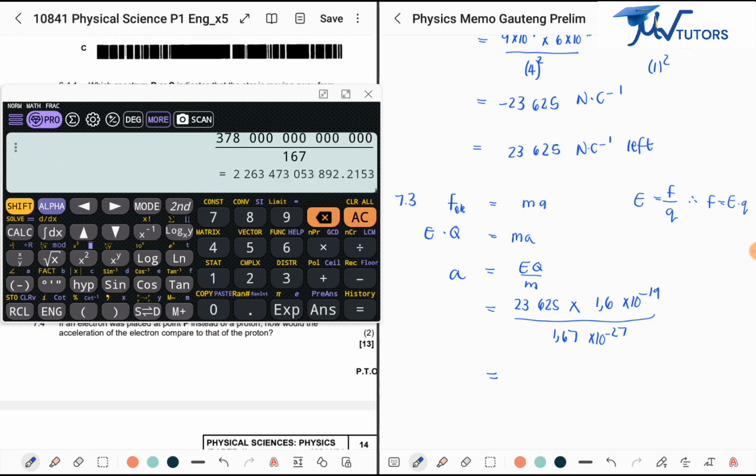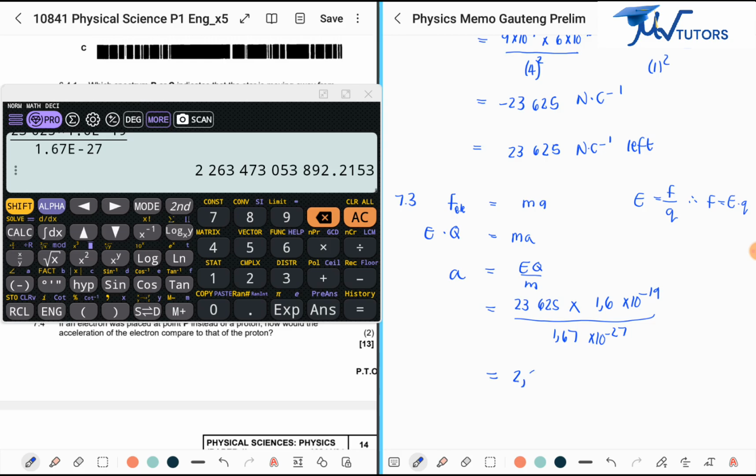This calculator, I always forget to make sure that it gives us answers in scientific notation. Okay, I am going to say 2,26, and then count, times 10 to the 12. Positive. This is a very big number.